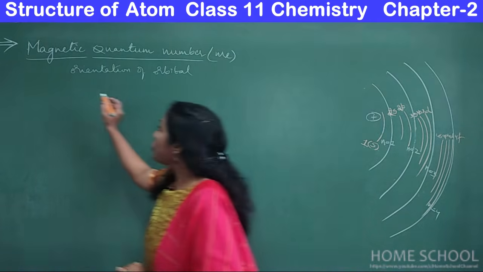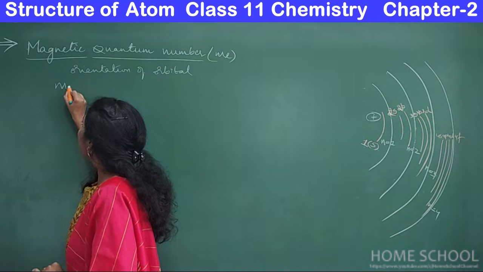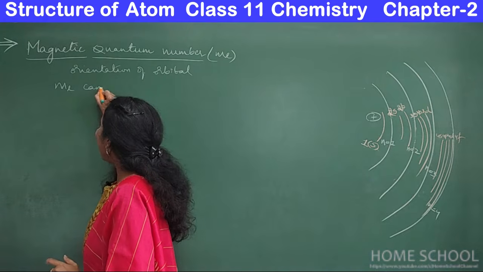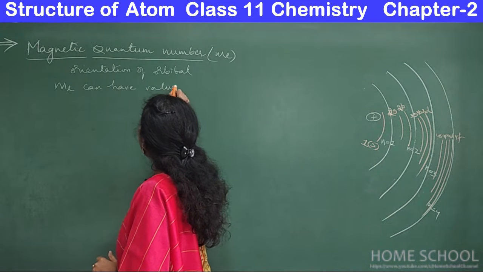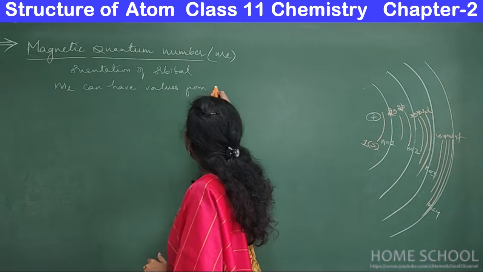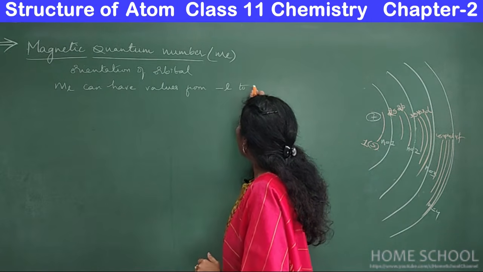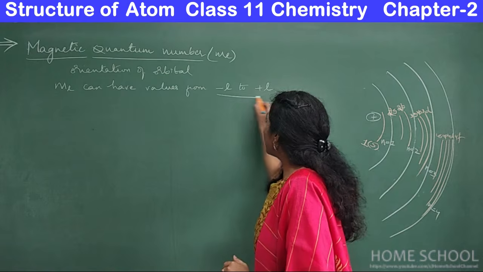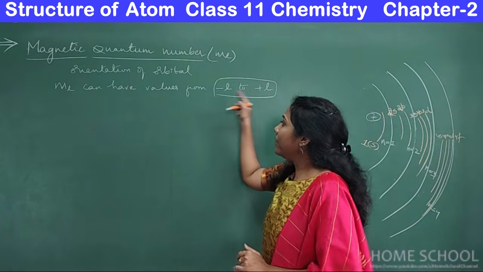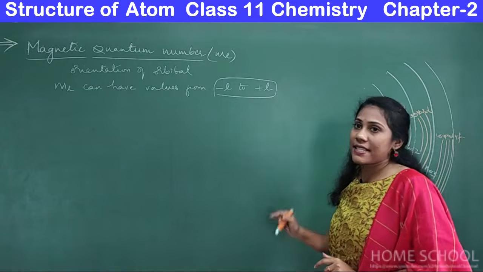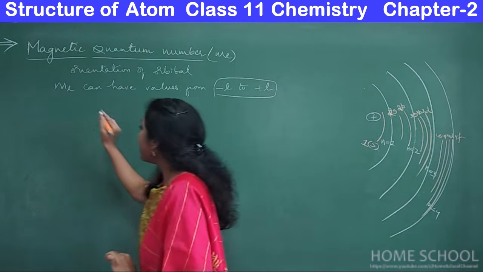Usually the magnetic quantum number ml can have values from minus L to plus L. This is really very important. So what do we mean by having values from minus L to plus L? Observe this.